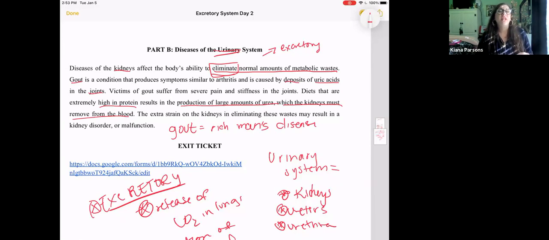This could be due to genetic predisposition as well, but it is almost always found when there's also this diet high in protein that results in those excess uric acid being in the blood and then accumulating at the joints. Not fun, not a comfortable condition. That's just one example of a disorder of the excretory system. And there were a few more that may be covered in our Homeostasis project.